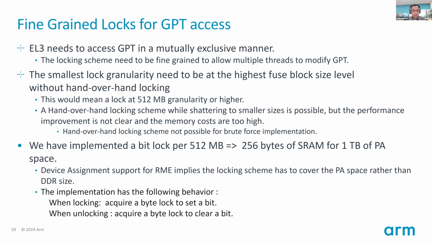So the current bit lock scheme that we have has the following behavior. The lowest granularity that the architecture provides for mutual exclusion is a byte. So we've implemented a bit lock over the byte lock exclusive accessors that are present in the architecture. When locking, we acquire the byte and set a bit in that particular lock byte. When unlocking, we acquire the same byte and then clear the bit.